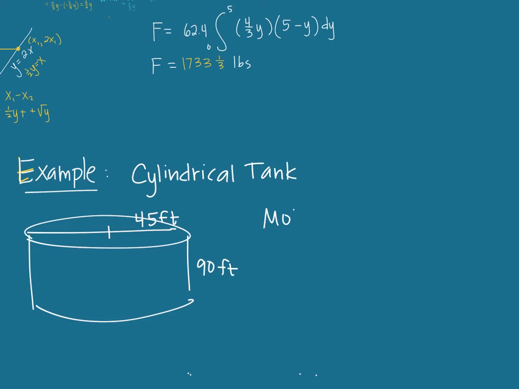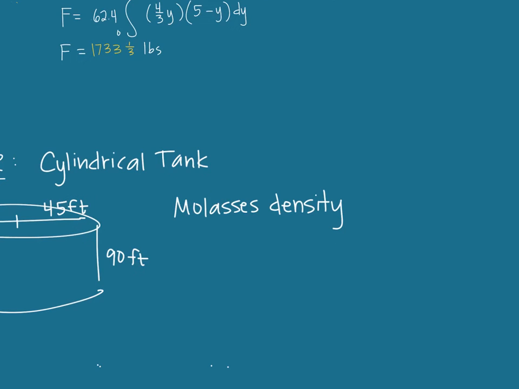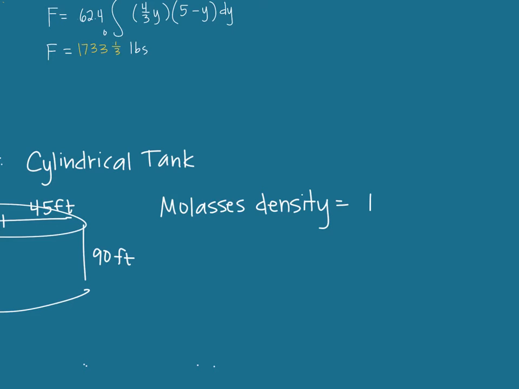The molasses density is more than water. The molasses density is 100 pounds per cubic foot.